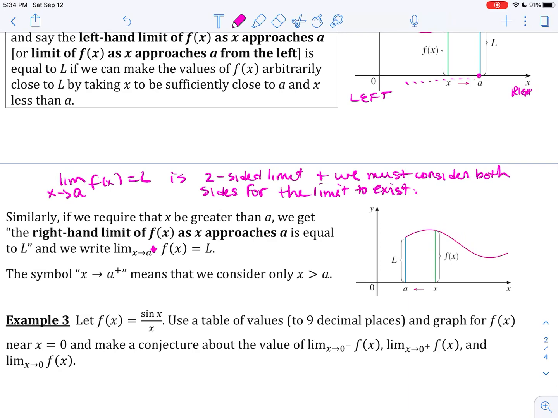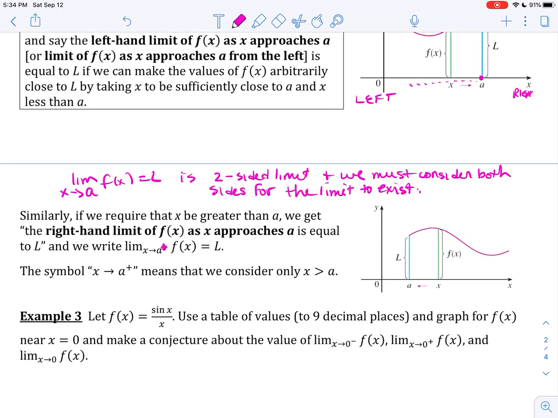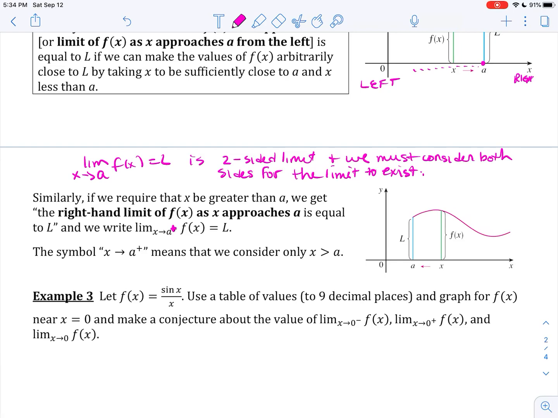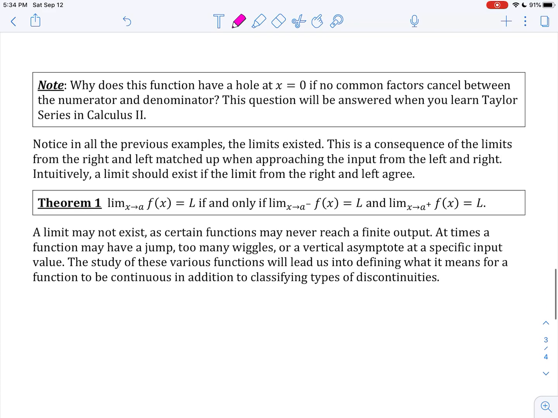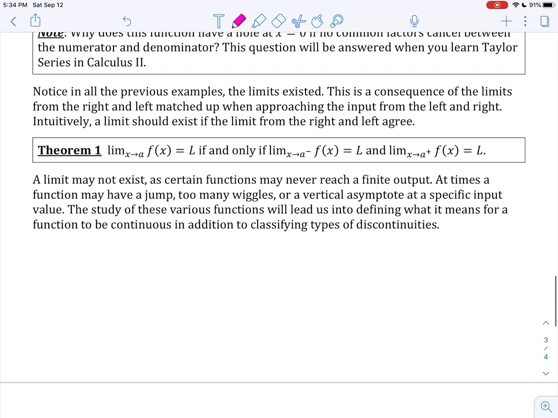Any limit that exists, we say that that limit is actually a finite real number. But with one-sided limits, we are only concerned with the shape of the graph, or the graph outputs, from that side. Good. All right. So this is how we really define our limit as x approaches a from both sides, our two-sided limit.